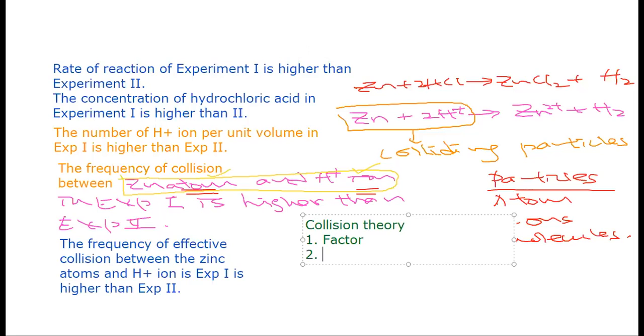Number 2, the keywords as how I mentioned previously. Number 3, the frequency of collision. And number 4, the frequency of effective collision. Okay? And if the question asks you to compare, then you compare. So this will be our answer for the collision theory. Okay? I hope you are with me. And now we are going to continue with our question.